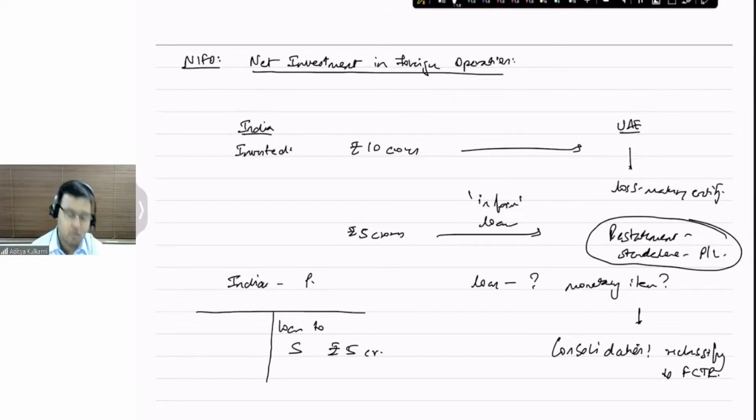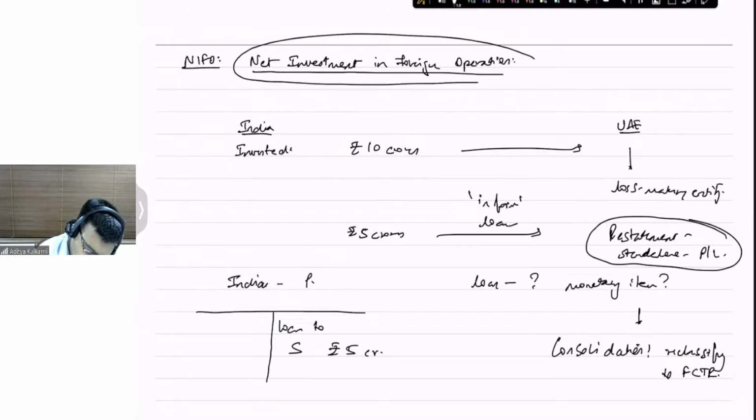That's it. So these types of transactions are known as net investment in foreign operation. See, in Ind AS 109 it is quite the same, but why we are dealing with it separately is that we will be having a documentation.